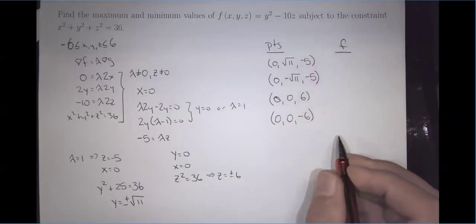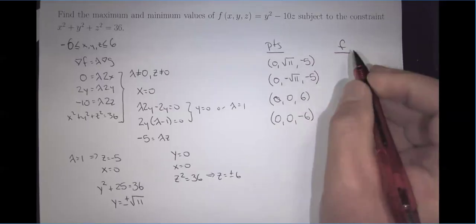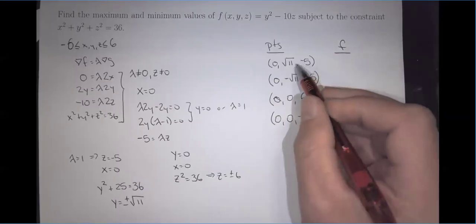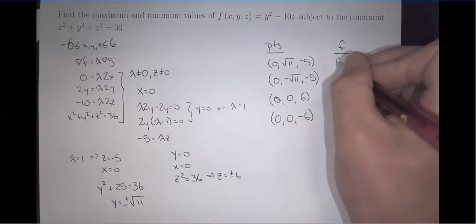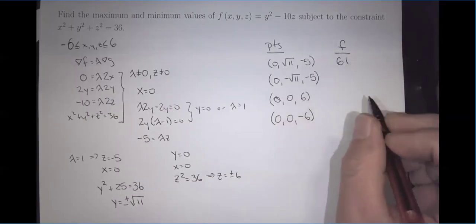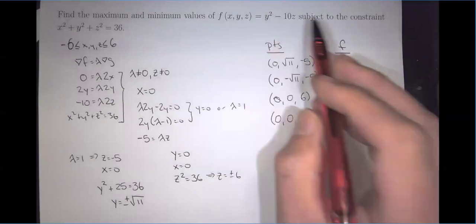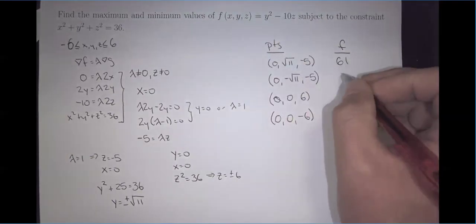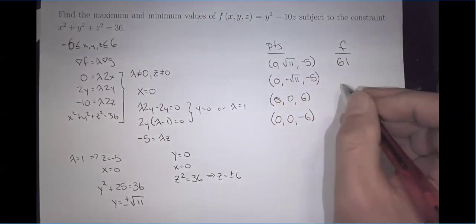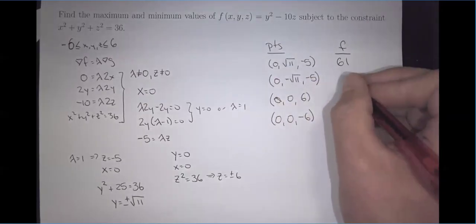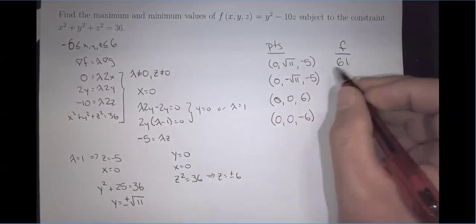Our function value at these points: at the first point, 0, root 11, and -5, plugging it in here, our f value is 61. When we plug in the second point, we also get 61, right?